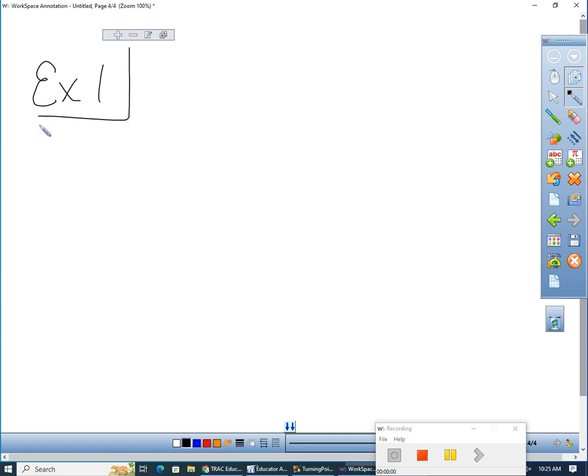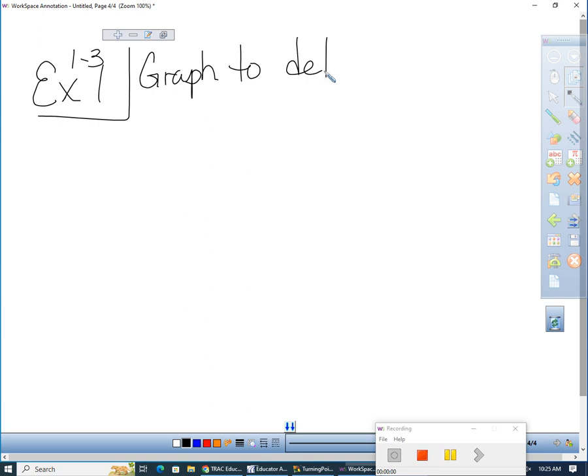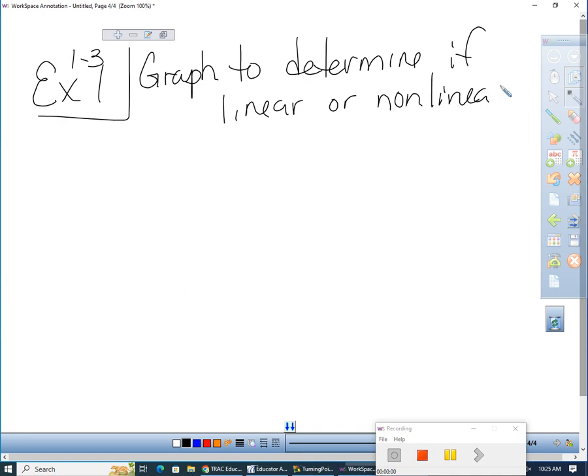Example number 1. This is problems 1 through 3. Graph. Determine if linear or nonlinear. All right, here's my x and my y.